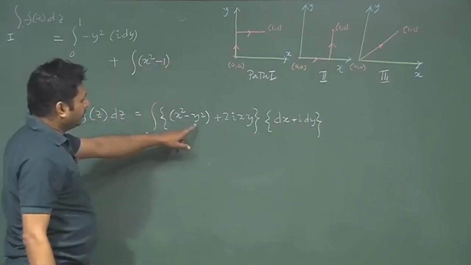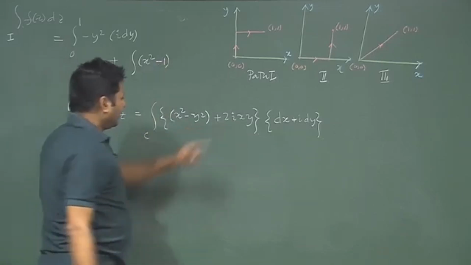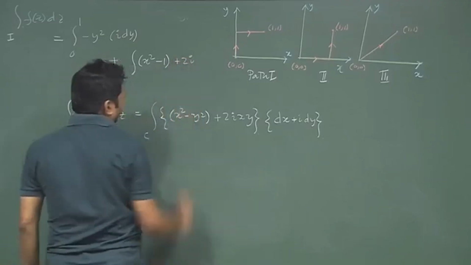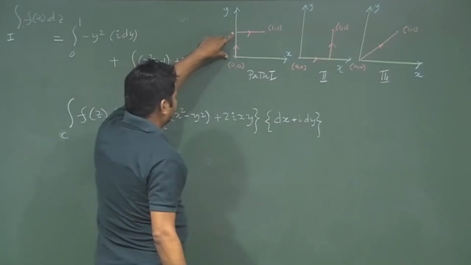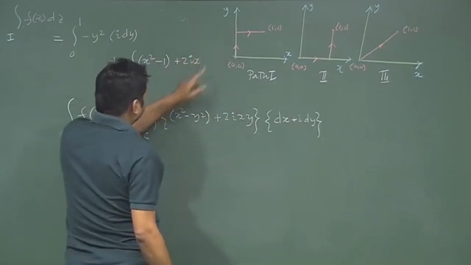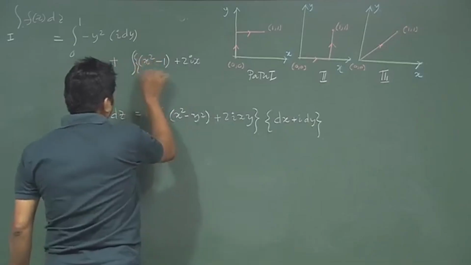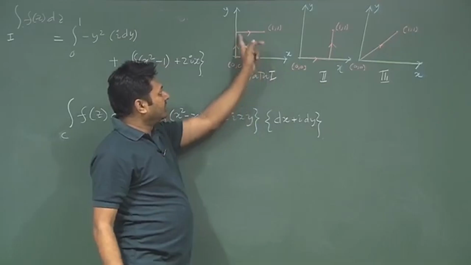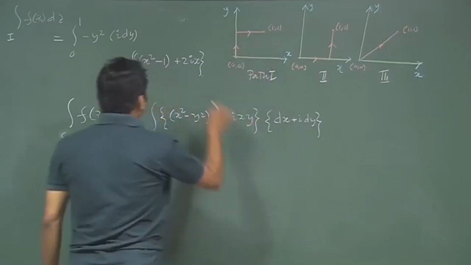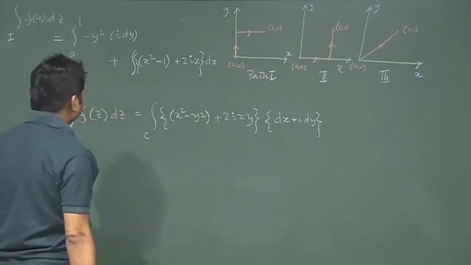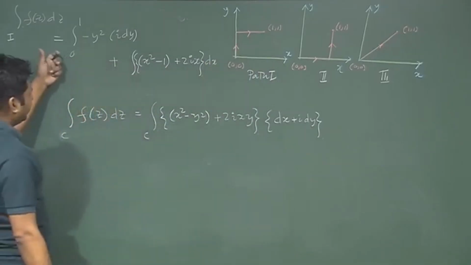So, I directly put 1 here, plus 2i. x is changing but y is not changing, so y is 1 and dy is 0 because there is no change in y here. So, I should put dx here. Now I need to evaluate these things.